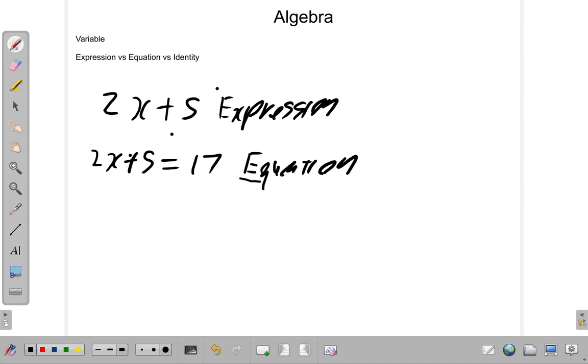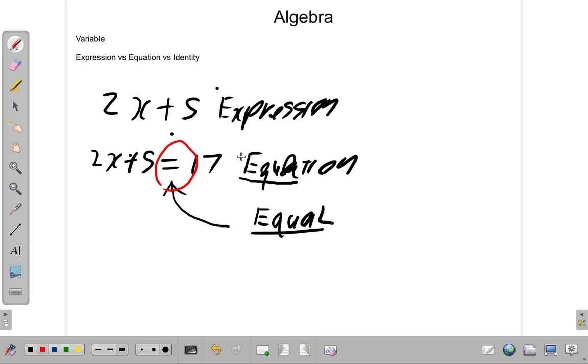Now notice this part, EQUA. This is part of the word EQUAL, equal. The equation is saying that you have an expression is equal to another expression. So you have equa. And what you have in the equation that you don't have in the expression is the equal sign. That sign right there.